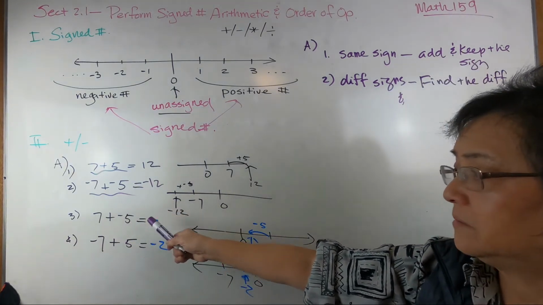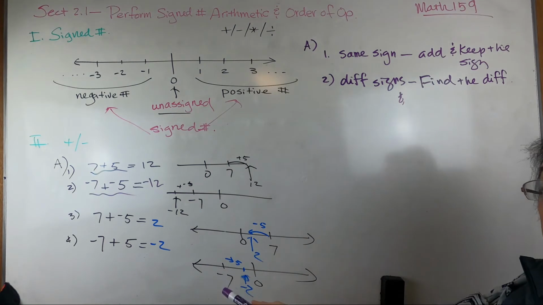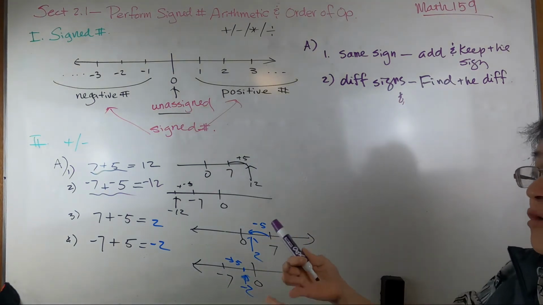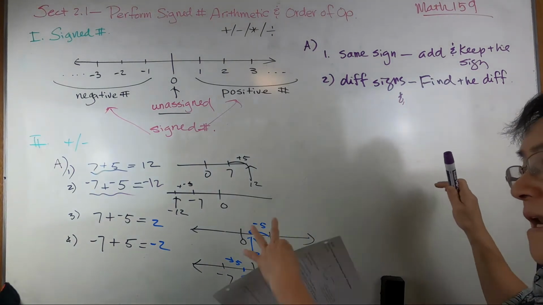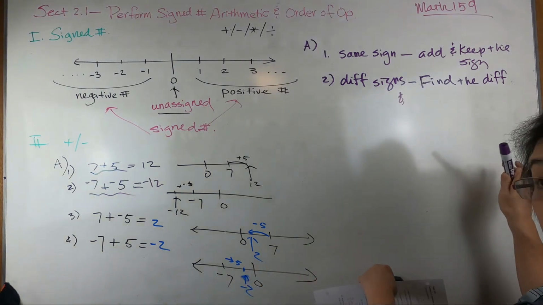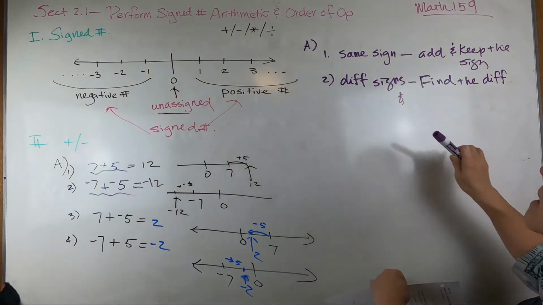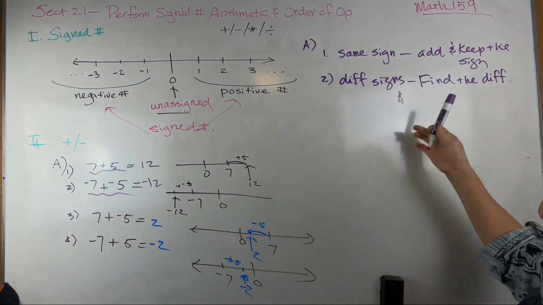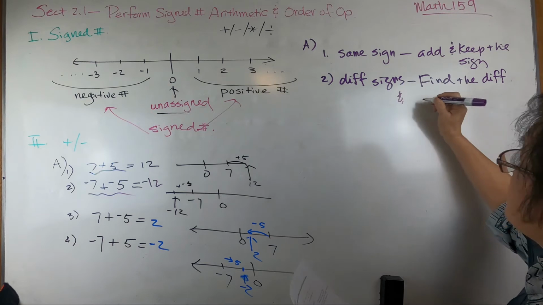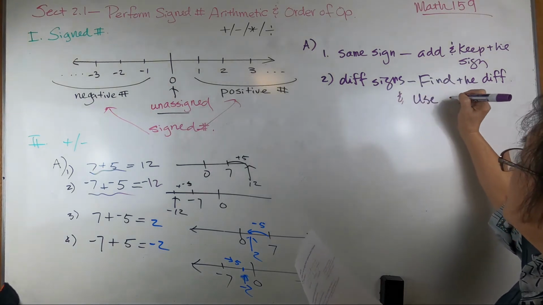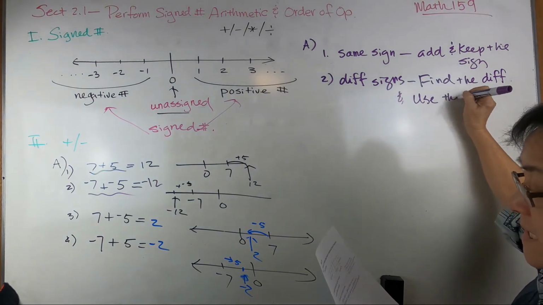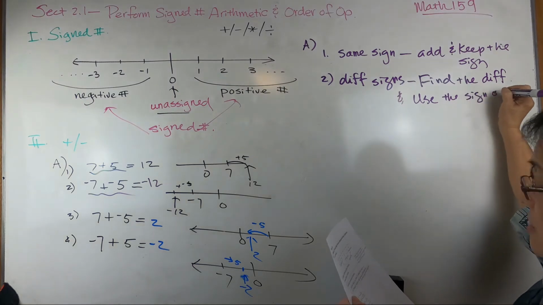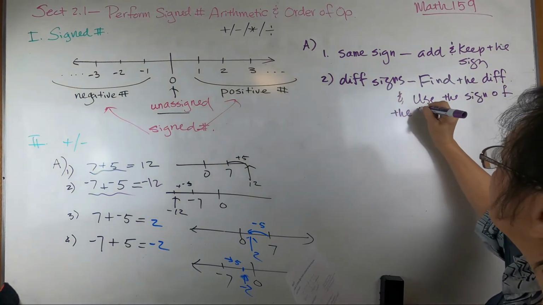Positive is bigger, right? So your ball is still on the right-hand side. Or if you dance right more than left, you end up at the right-hand side, right? So for different signs, 7 and 5, the difference is 2. So you find the difference, then you use what? The sign of the bigger number.